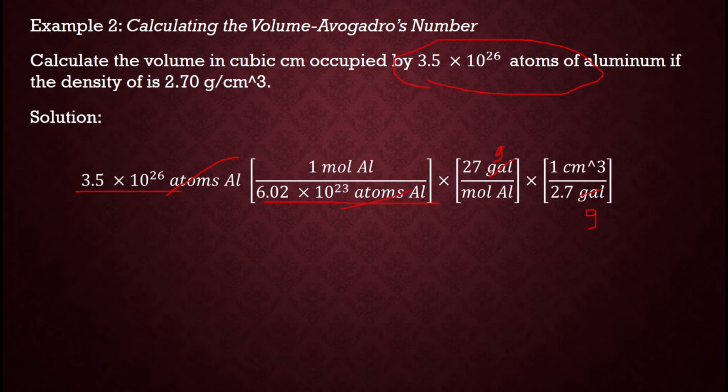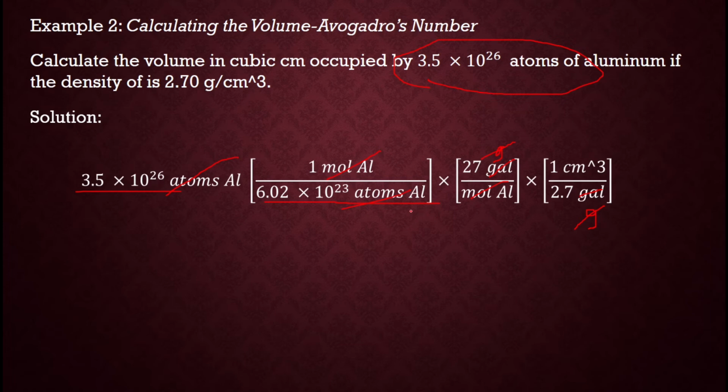One mole of aluminum is equivalent to 27 grams. From the given density, which is 2.70 grams per cubic centimeter, we can now convert and cancel the grams, then also the moles. By the way, molecules is the same as atoms; it is another way of saying atoms or molecules.